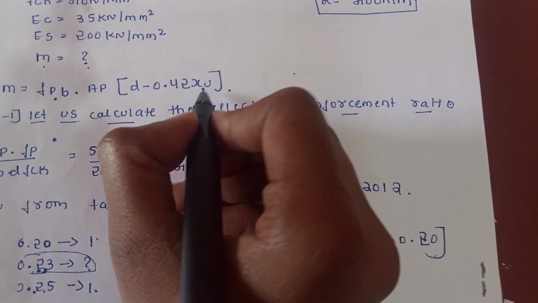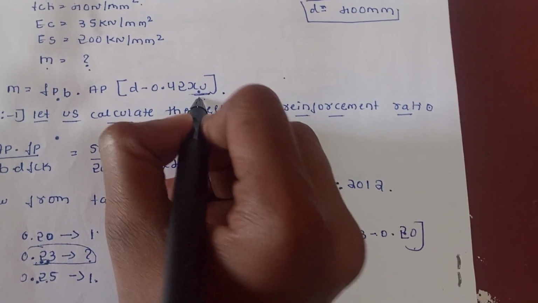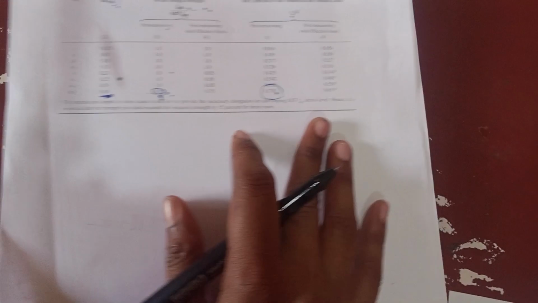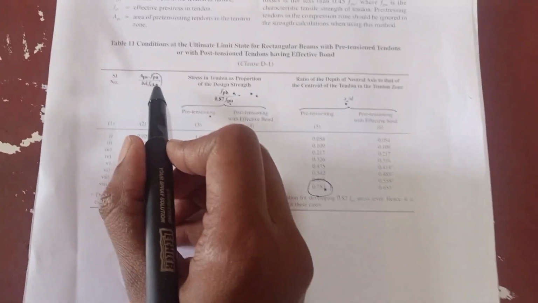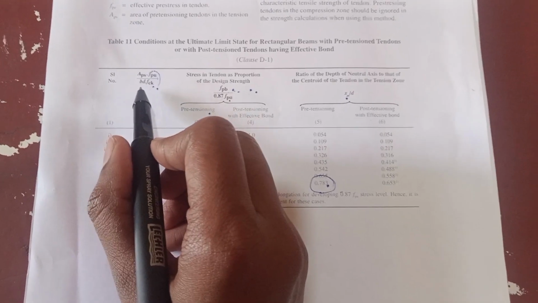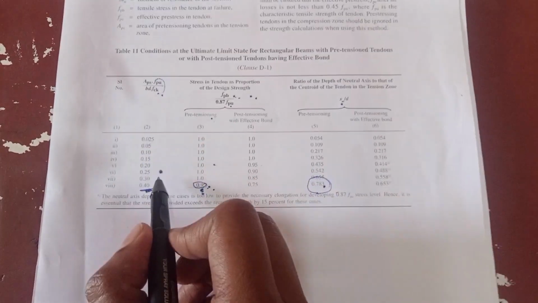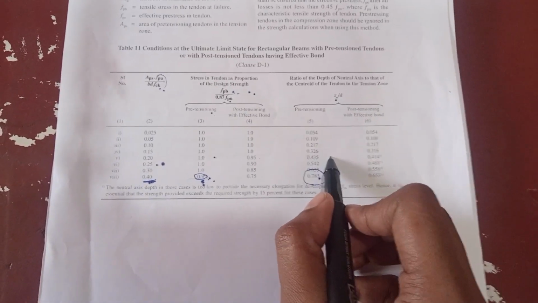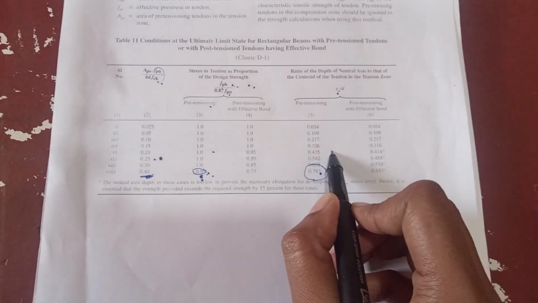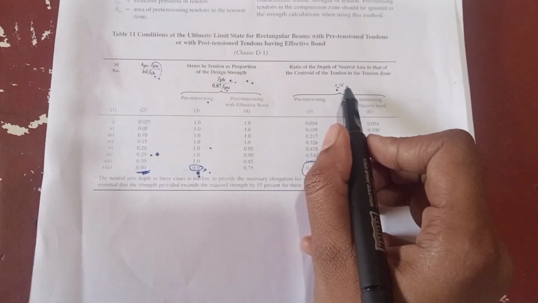Okay, now we know the FPB value. Now find the XU value with the help of the table. We have FPB into AP divided by BD into FCK, which is 0.23, but we don't know the 0.23 corresponding value. Again with the help of interpolation we find the XU by D value.